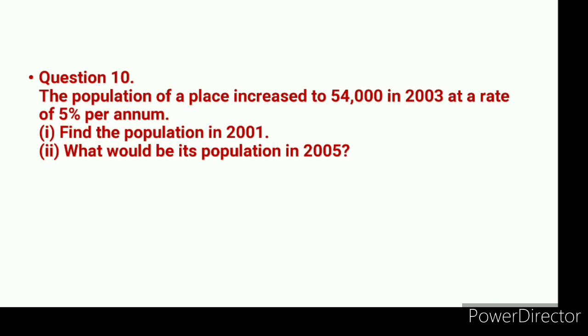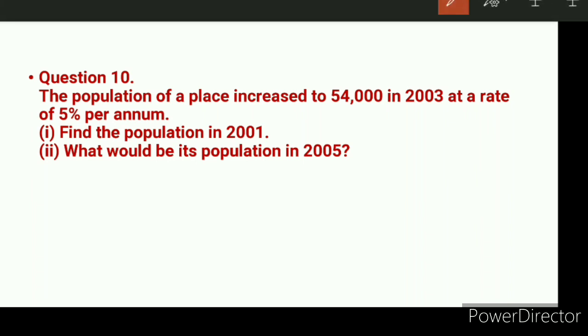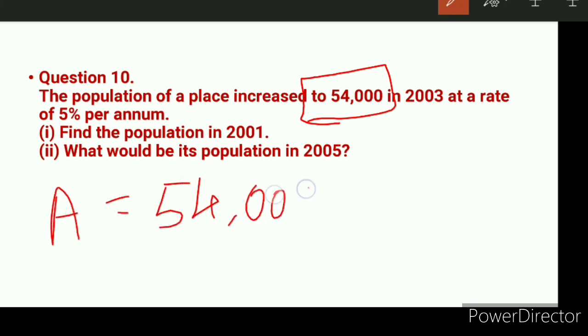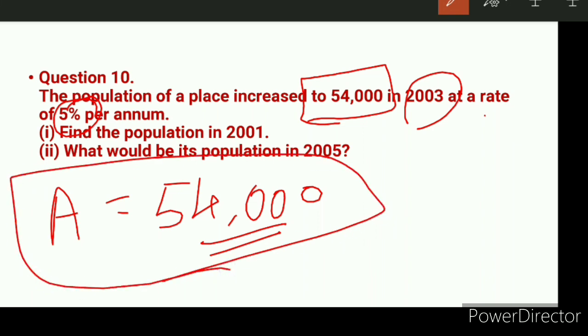Here, it is a little twisted question. The population of the place increased, it is an increase. That means according to our formula this is the amount, increased in 2003 at the rate of 5%. Every year 5% increased. At last, in the year 2003 the population is 54,000.